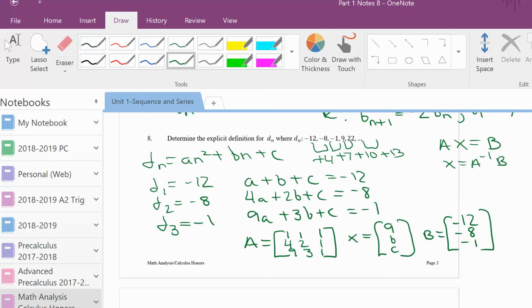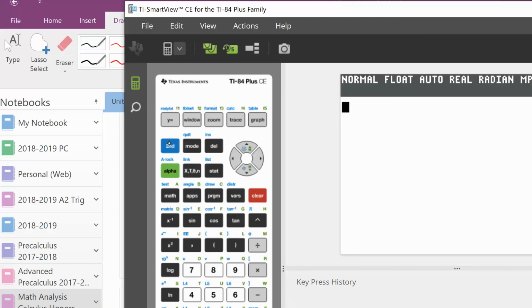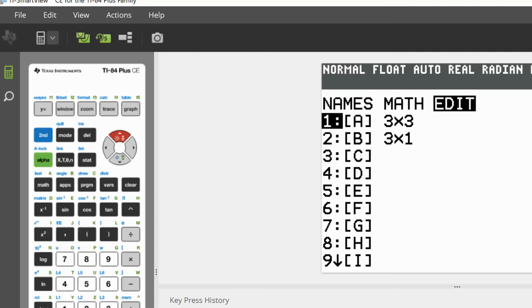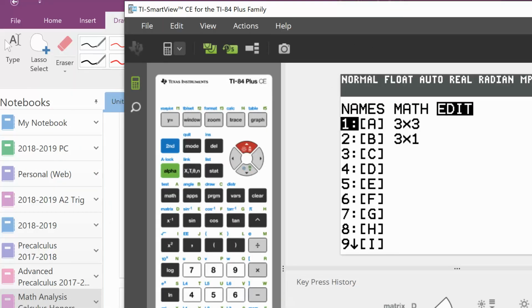So then you do this on your calculator. And remember, you go second matrix, and you're going to edit the 3 by 3 if you haven't put it in. If you have already, then the 3 by 3 of A should be the same. Let me just move this so I can type it in.